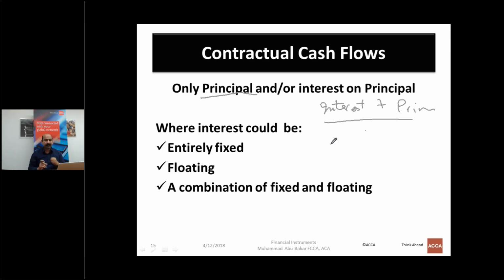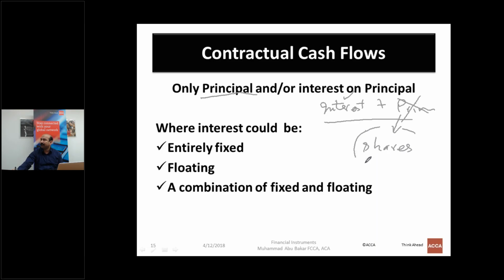See, because there is an option that the holder of the convertible instrument can convert it into an equity instrument. So this means that instead of getting principal in cash, you can get shares issued.